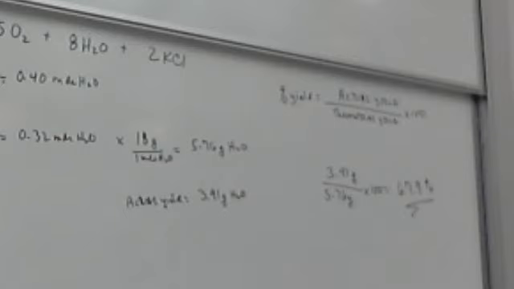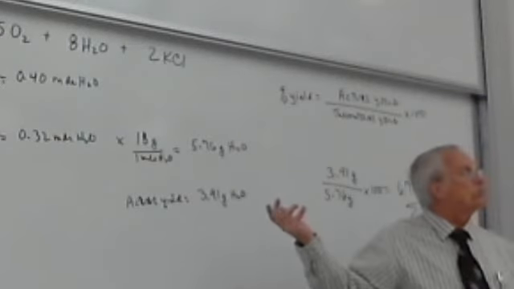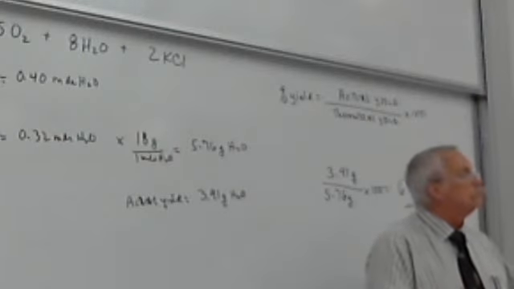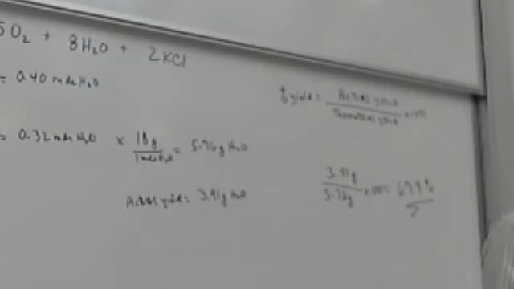If this were a test question, then how would we get the actual yield? It would have to be given. The problem would say something like, the amount you actually got was 3.91 grams, what was the percent yield that you got? Could it be a problem where we actually worked it out just now?